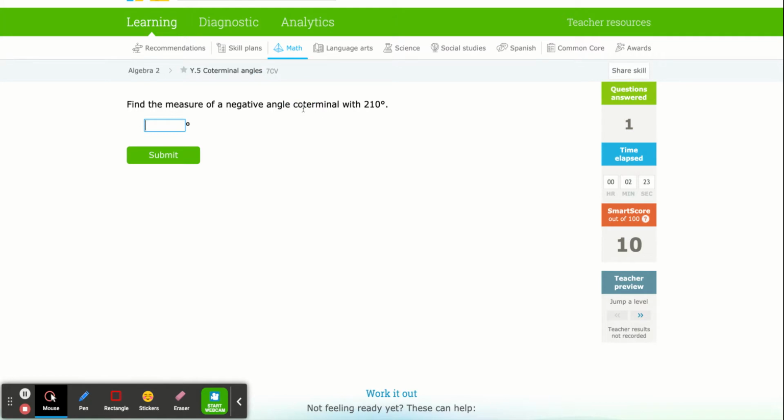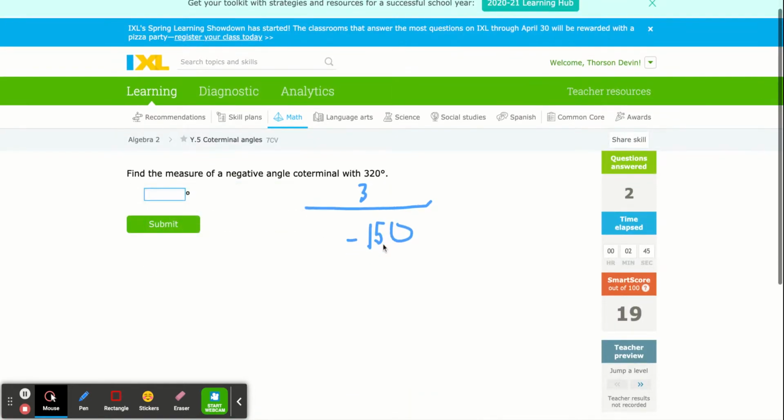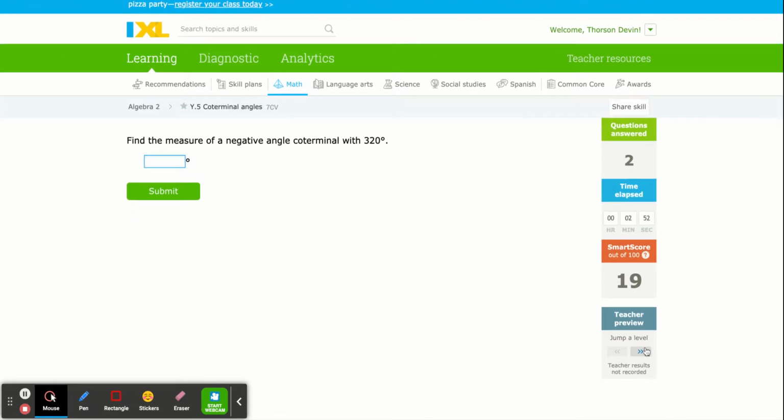So again, if I want coterminal to 210 and I want it negative, I'm just going to subtract 360, because I'm going to rotate around one time in the negative direction to get a negative angle. So that's going to be negative 150 as my negative coterminal angle. So again, for these angles written in degree measure, either add or subtract 360.